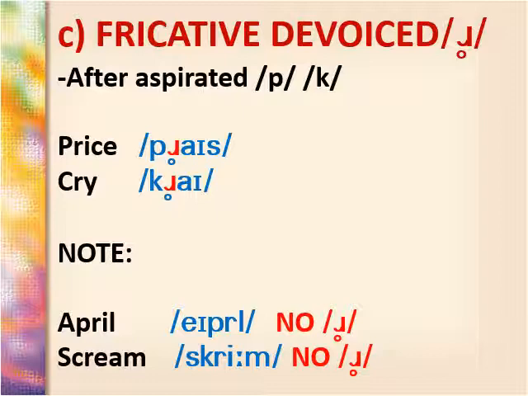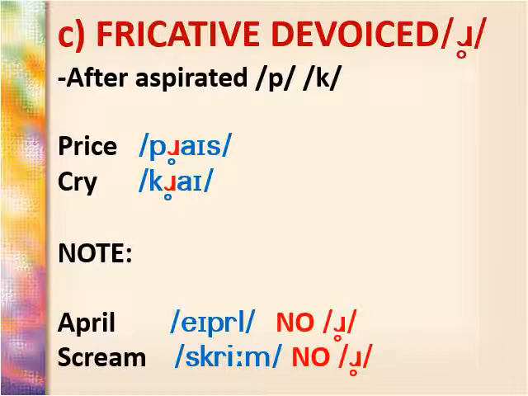It is fricative again, and it is devoiced because the previous plosive is aspirated. We have already been marking this devoicing. Now we mark it again, but with the fricative R.